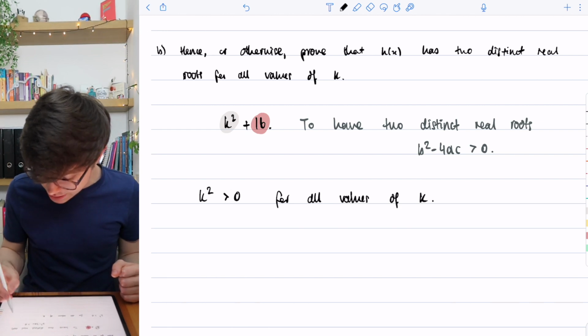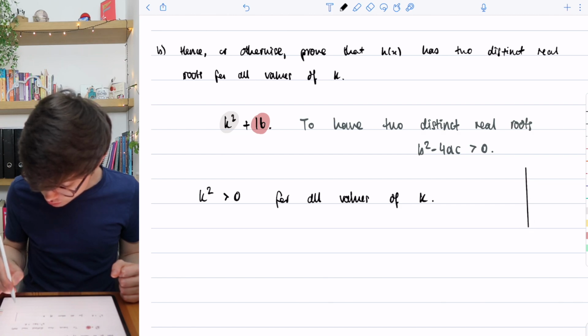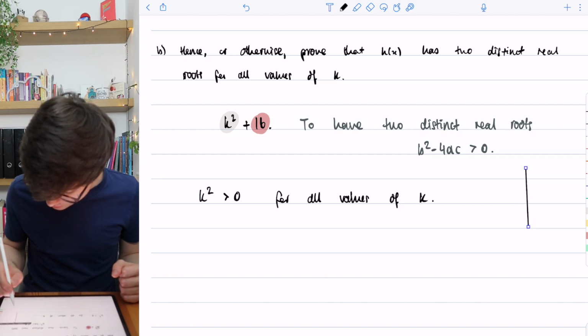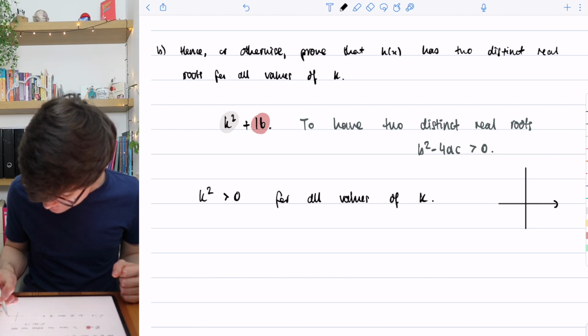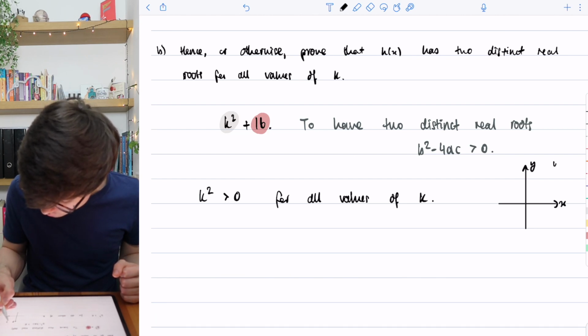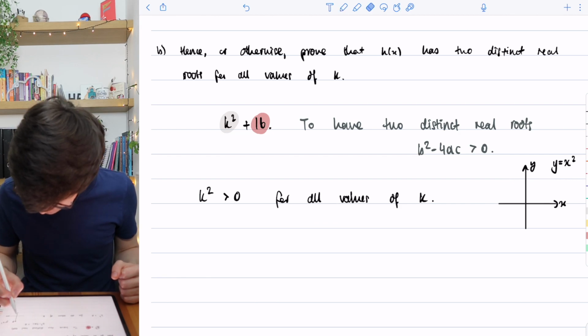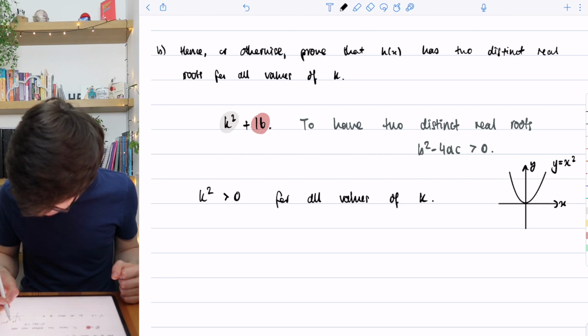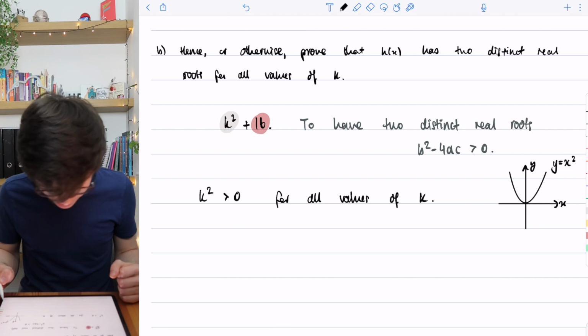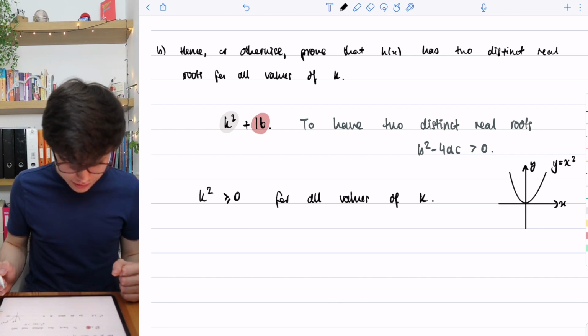And you might have actually seen at GCSE that if we want to graph y is equal to x squared, okay, we get this. That is y equals x squared. So actually, it can be equal to 0 as well.